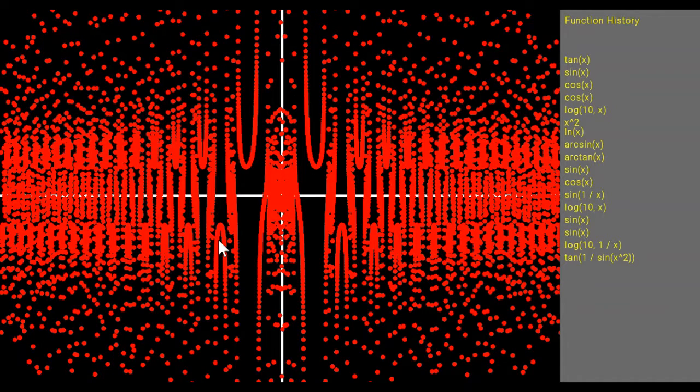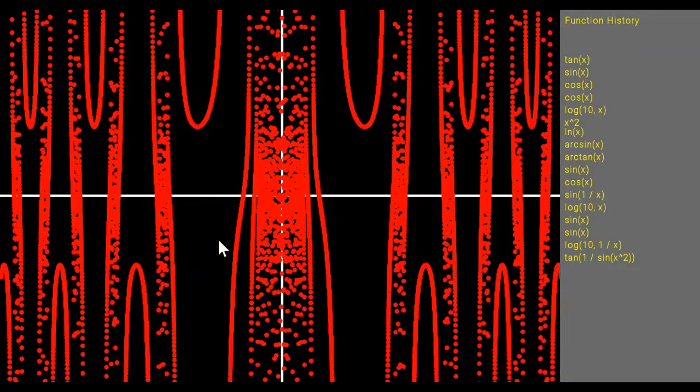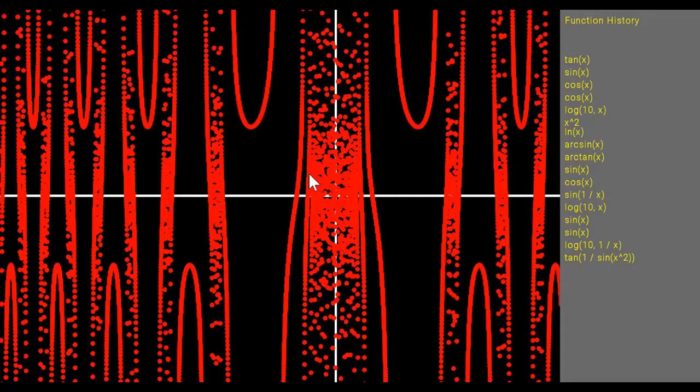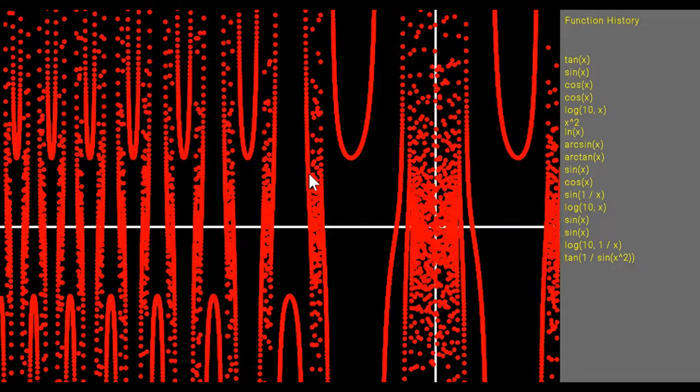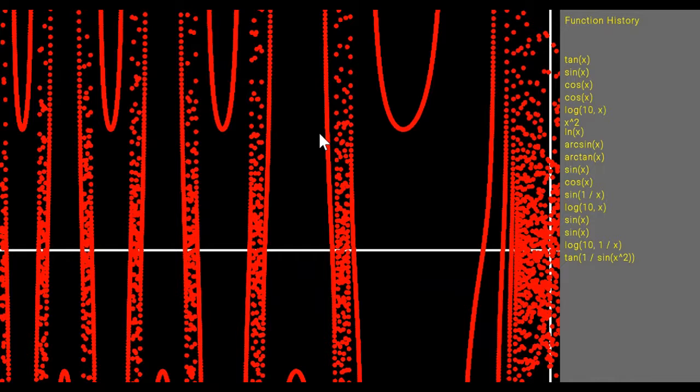As you can see, this is quite the jumbled mess, but it demonstrates a really interesting aspect of this graphing calculator, which is the fact that none of these lines are actually lines.